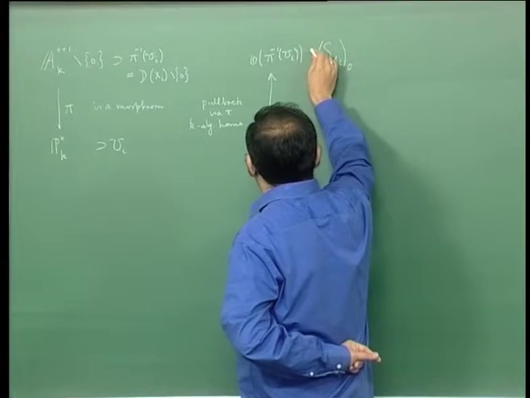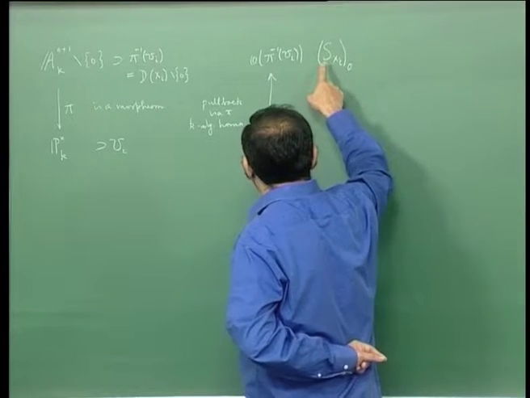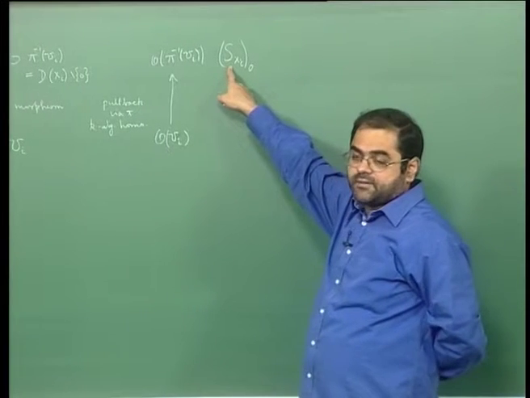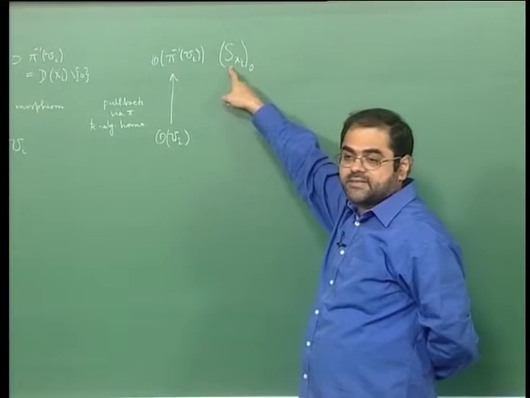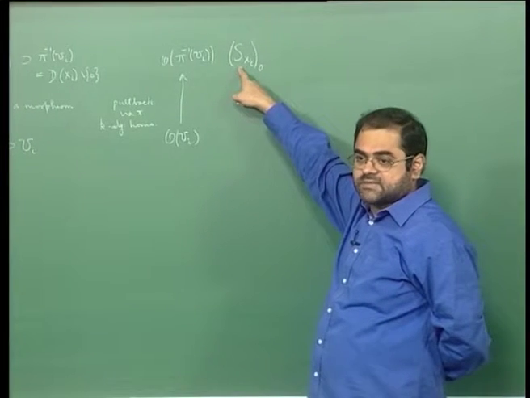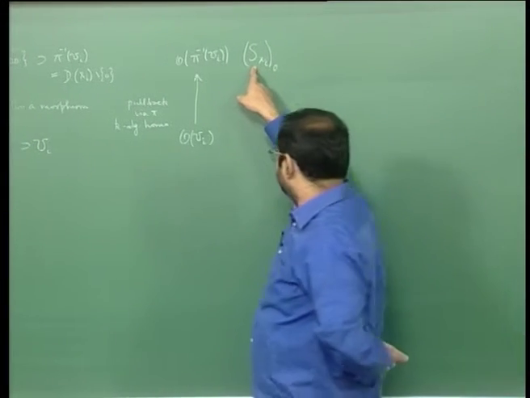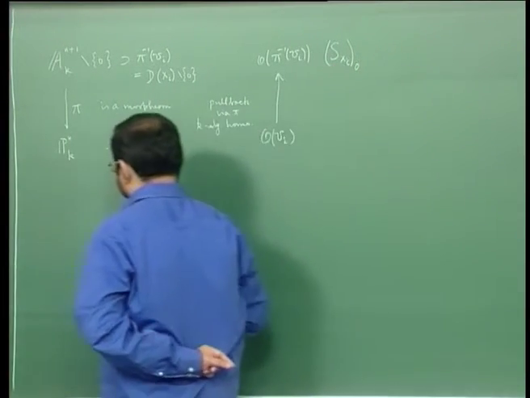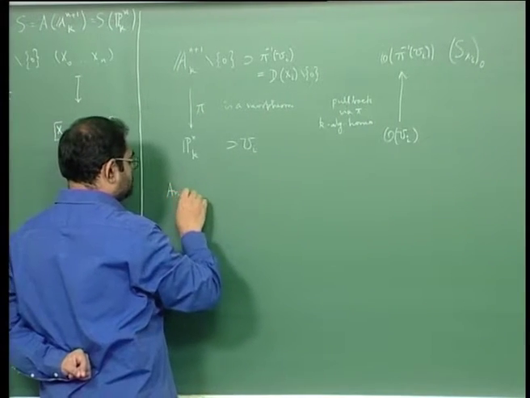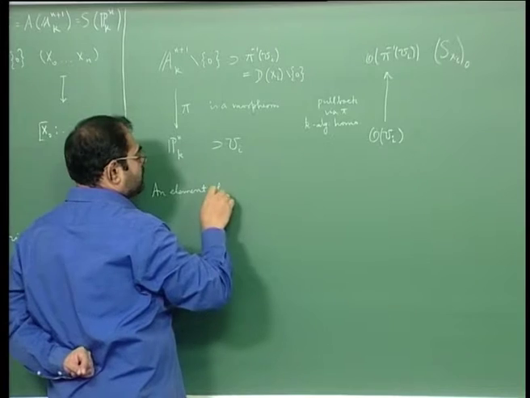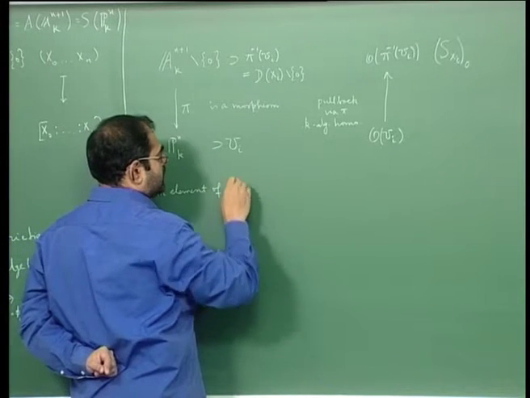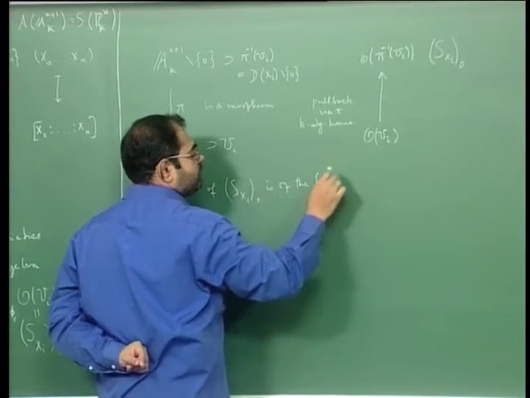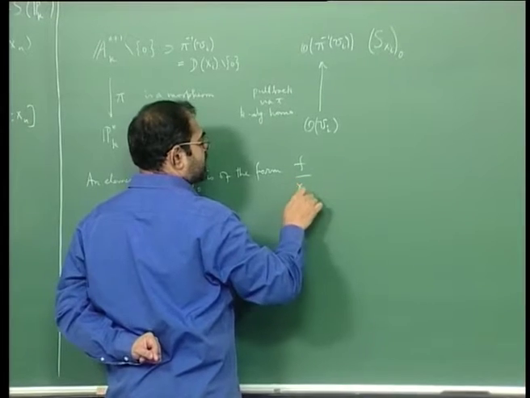First thing is, certainly if you take an element here, it is of the form f by xi to the power of degree f, where f is homogeneous of a certain degree. An element of S localized at xi, degree 0 part, is of the form f by xi to the degree f.